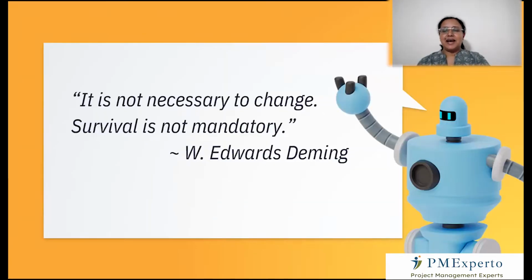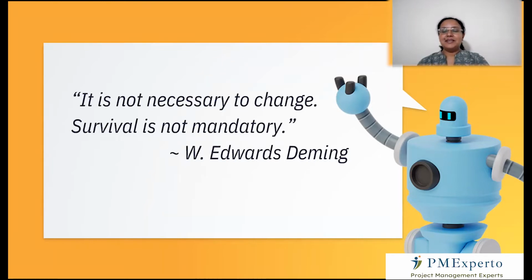Edward Deming, who is considered the father of quality and who changed the scenario of quality management in Japan, said it is not necessary to change. Survival is not mandatory. Now, if we have to survive, that means change is necessary. In the quality context, this is looked at in terms of improvement.